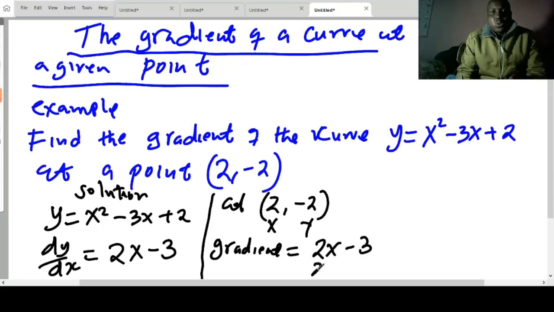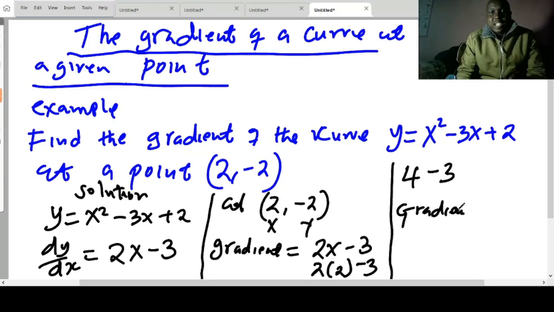And then now 2 into 2, where did I get this 2? It is the value of x at this point. So that is 2 times 2, which is 4, minus 3. So the gradient of that curve at that point is 1.